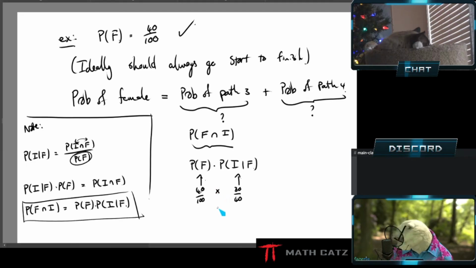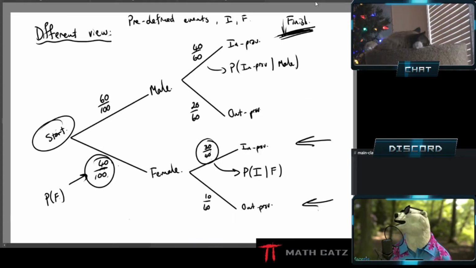And I multiply them. So to find the probability of a path, I multiply along the path if I've set up the tree correctly in this way. If the probabilities later on in the tree are conditional probabilities, then to find the probability of a full path from start to finish, I multiply these probabilities.